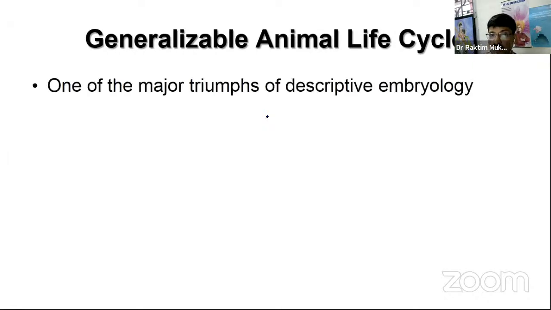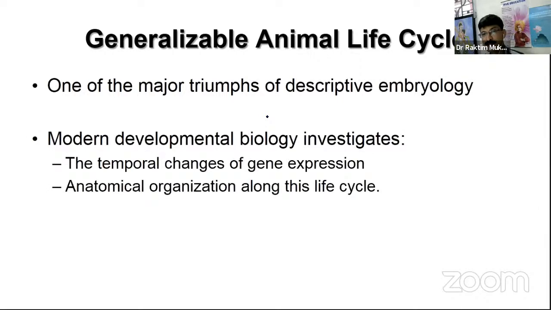One of the major triumphs of descriptive embryology happens to be modern animal developmental biology. It investigates the temporal changes in gene expression, that is time bound, and also the anatomical organization along this cell cycle, that is the generalizable life cycle.